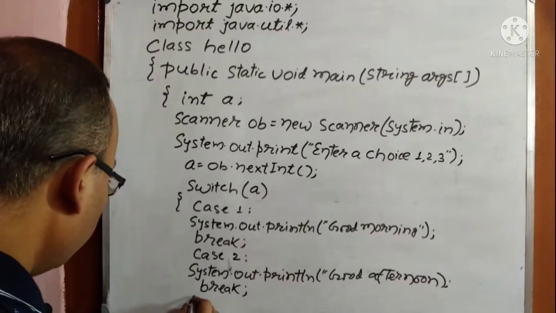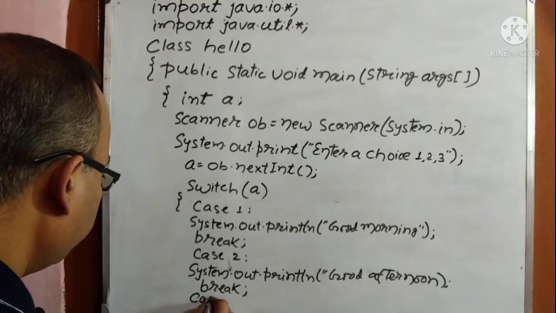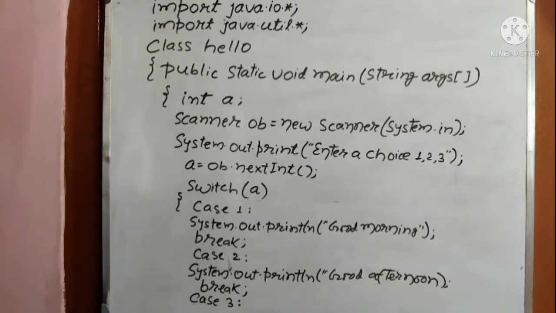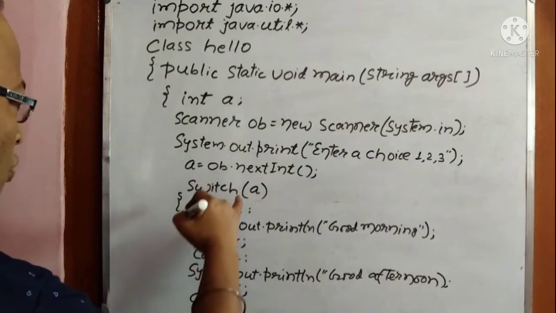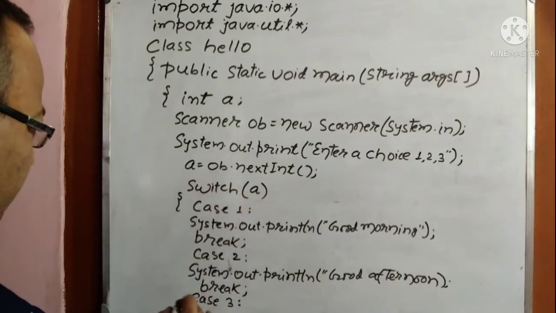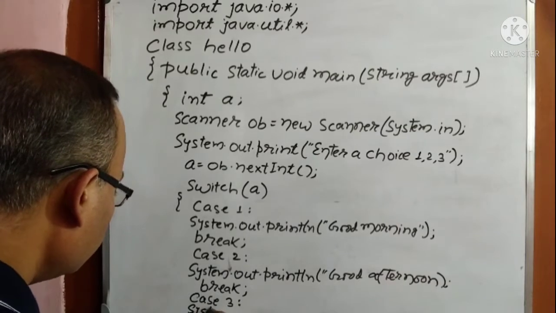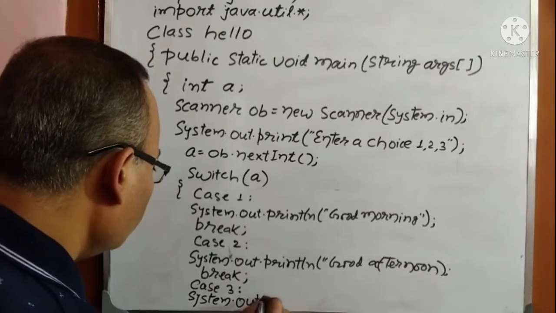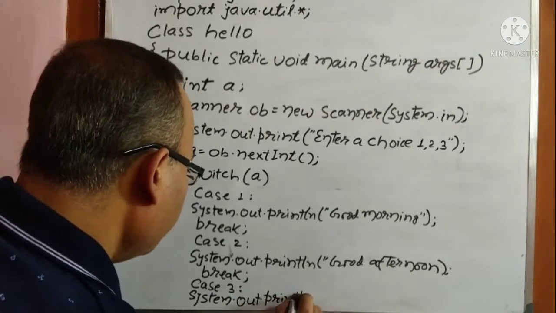Now if case equals 3, suppose during the runtime user enters 3, so value of A is 3. So where it will come? Case 3. So case is 3. Then I am printing System.out.println.